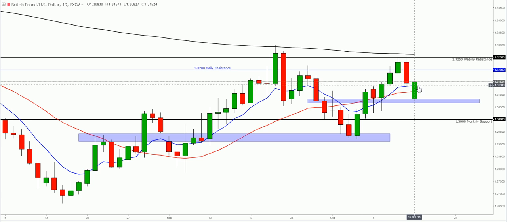However, I would like to see a pullback to close below this blue exponential moving average, to then set up the rest of the week nicely for the downside move toward the 1.300 major support level.